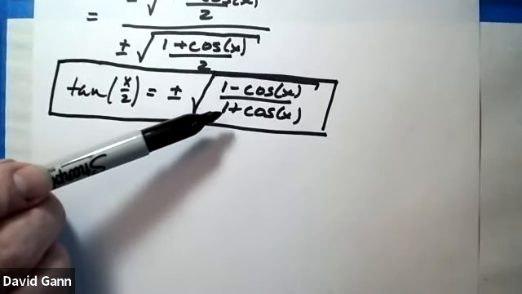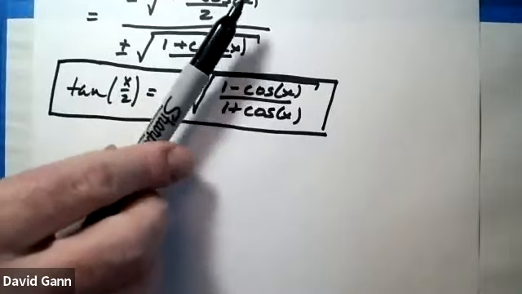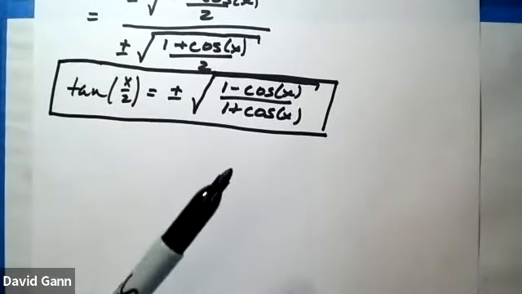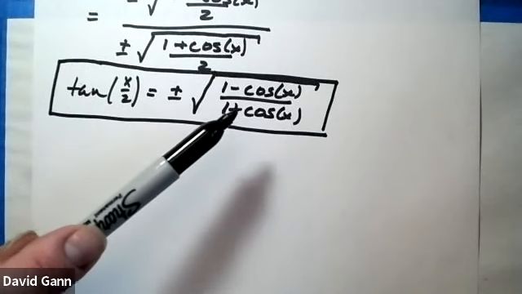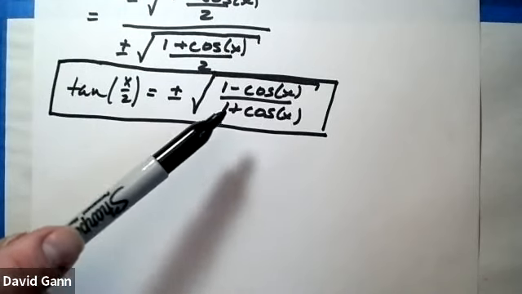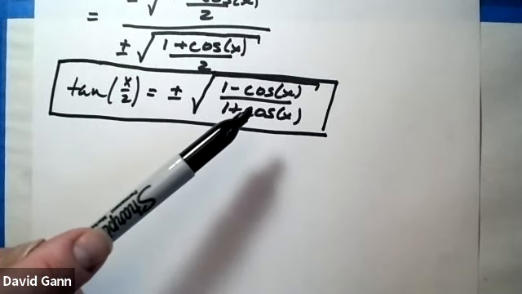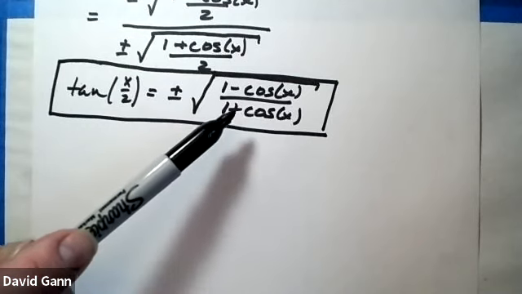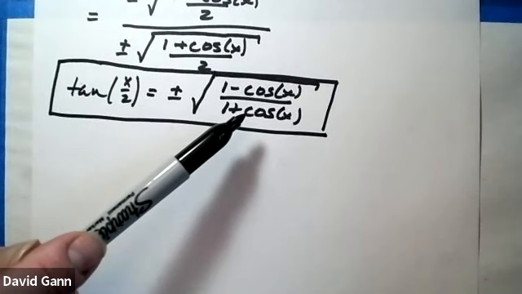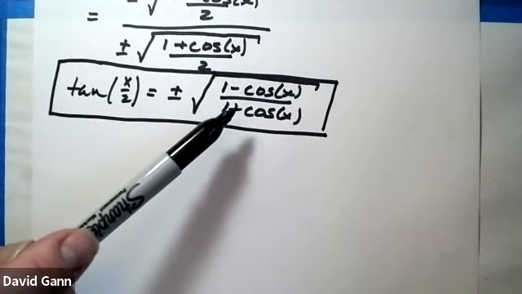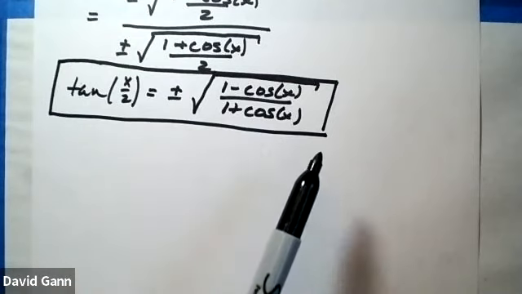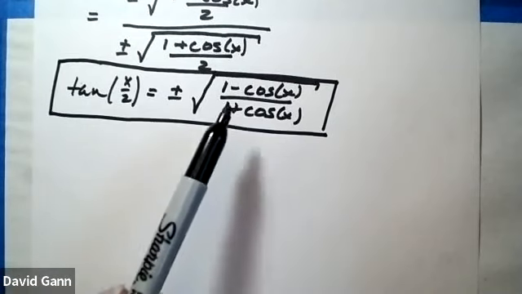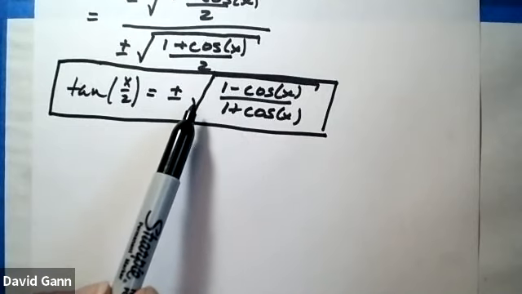Notice that if you were to ignore the radical for a second, just pretend like it's not there, then this term, this 1 plus cosine of x, as you may recall, is one of those things we've been talking about where if you see this binomial in a denominator, it makes sense to maybe multiply by what I've been calling the trigonometric conjugate. Now, the only difference here is that this is actually under a radical.